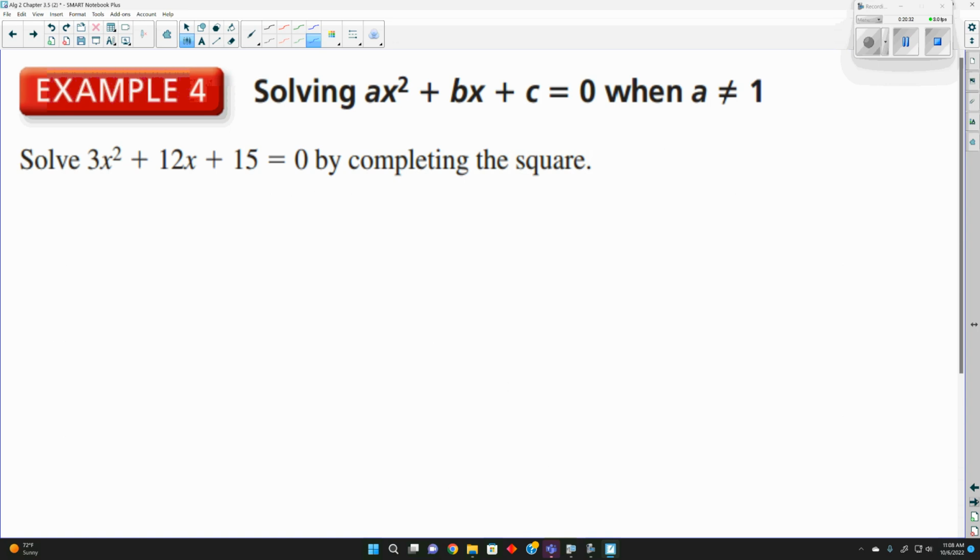3 more. Okay. If we look at this one here, so first step is a equal to 1, so it is, so we can move on to step 2, yes? What is a? Okay. Is a equal to 1? No. If not, make it so. So what would I need to do to 3x squared to make the 3 1? We would divide it by 3, because 3 divided by 3 is 1, but if I do that, I have to divide everything else.